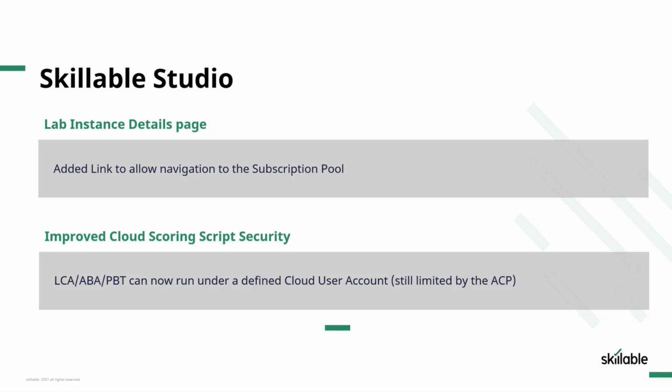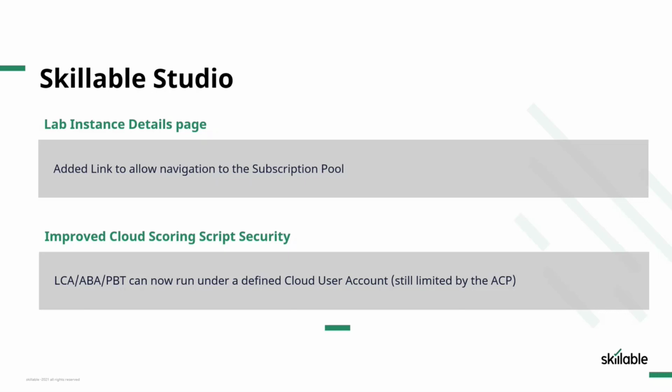Now you can actually click straight on a link and it will take you across to the subscription pool. So it links those two objects together when you're trying to investigate and diagnose. It's not a big thing. It's just an operational efficiency for lab developers that are maybe troubleshooting and need to look at both objects.